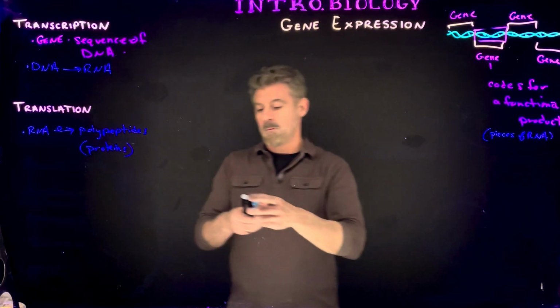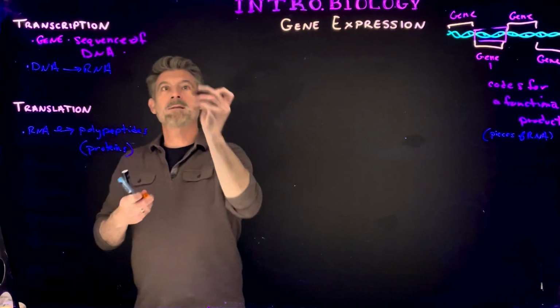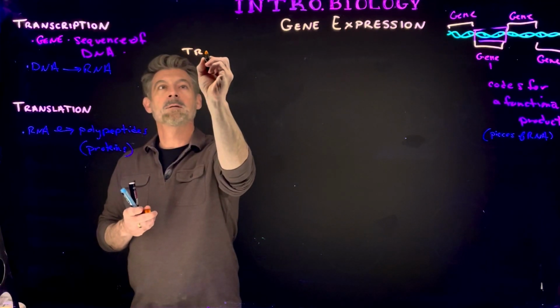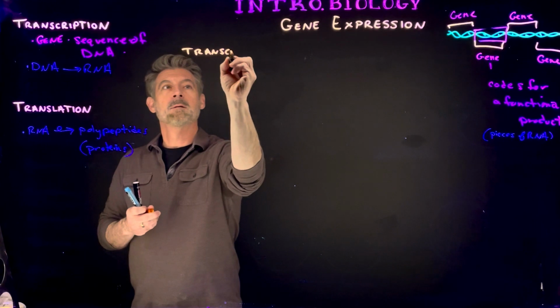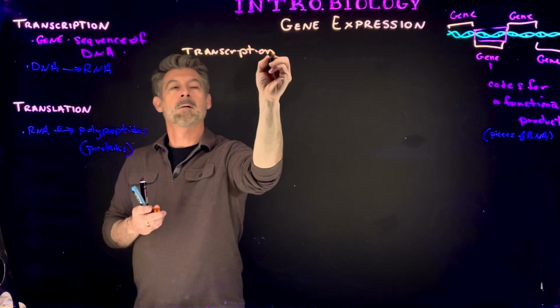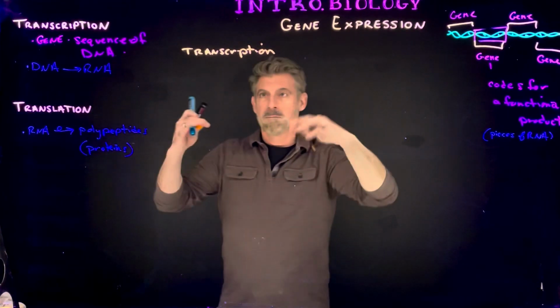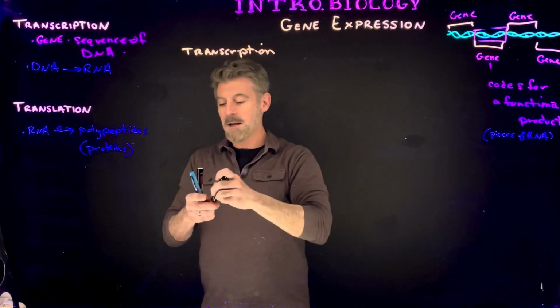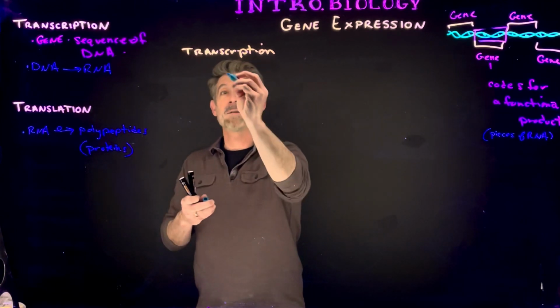So what we're going to focus on here first is the process of transcription. And so again, big picture, we're not going to be focused on the whole entire chromosome. We're really just looking at a piece of the chromosome.